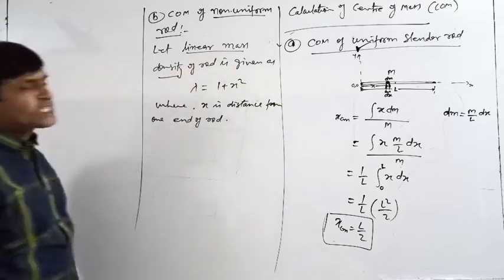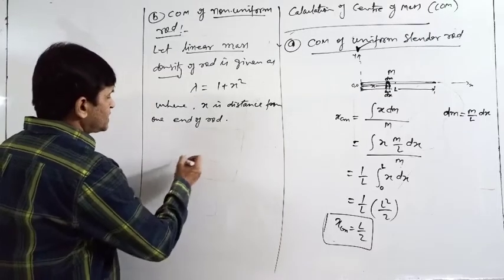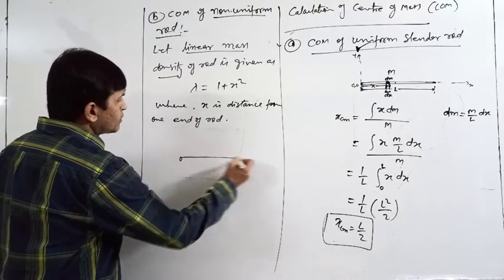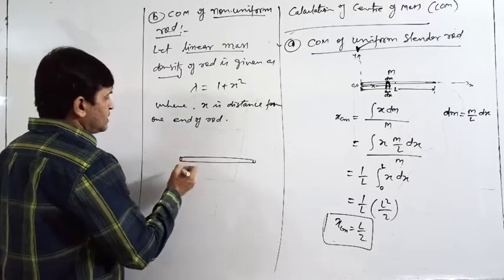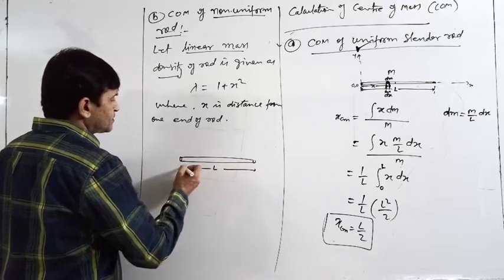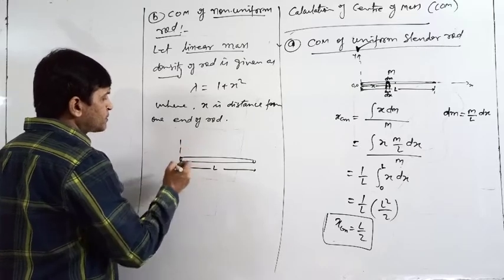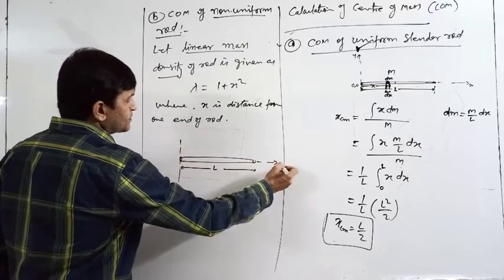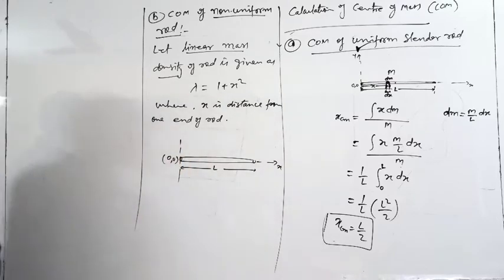It is mass per unit length that is given. See, this is your rod. Let the length of the rod be L. And from here we have to calculate, from 0. Then how to calculate?